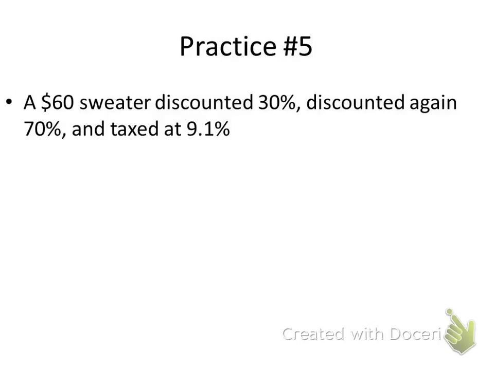So I'm going to underline them. Discounted 30%, that's the first one. Discounted again, 70%, that's the second one. Taxed at 9.1%, that's the third. So I said Cheyenne, Vernell, and Bobby, so I don't forget. All right, Cheyenne, what do I do first?